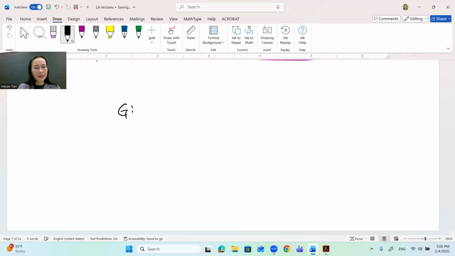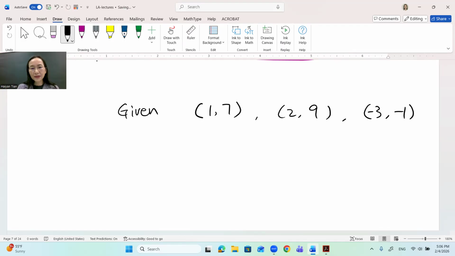Recall that they are (1, 7), (2, 9), and (-3, -1). These are the 3 points that are given. And we try to determine whether there is a line that will pass through all 3 points.